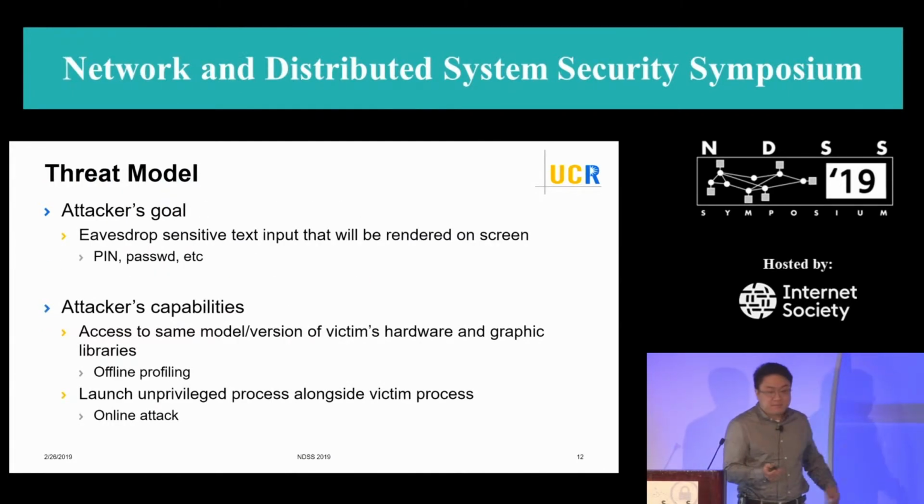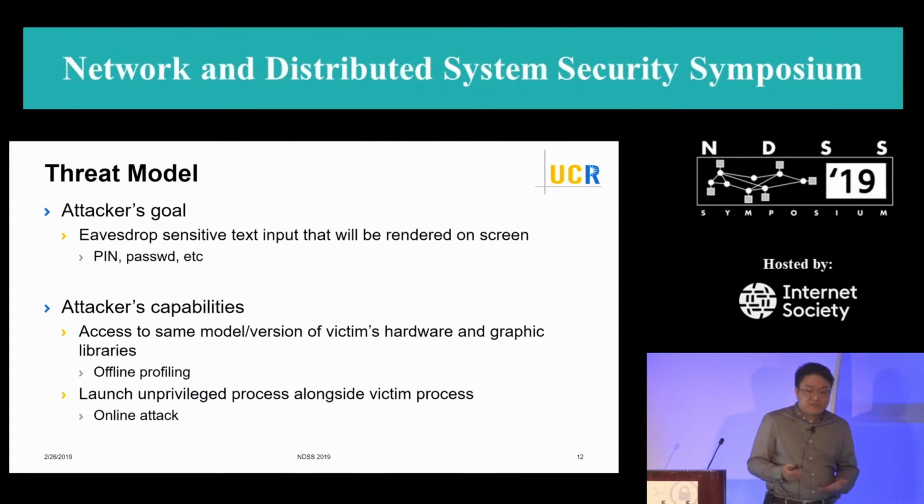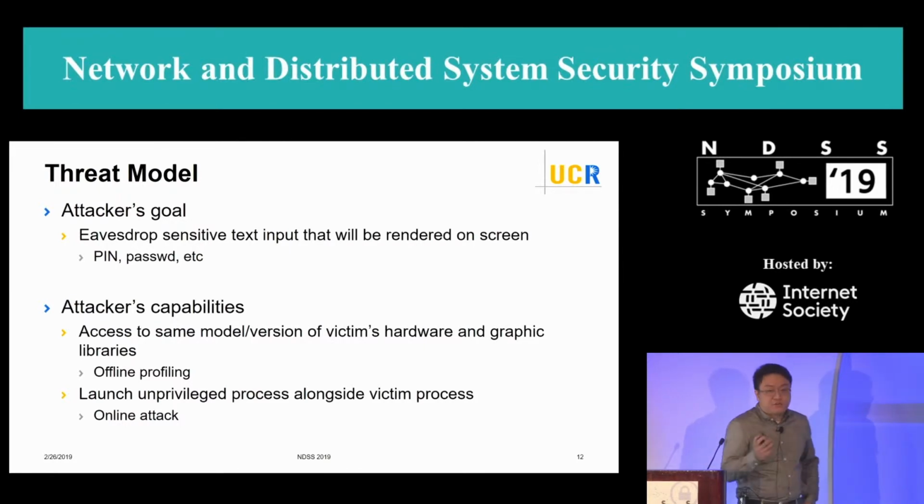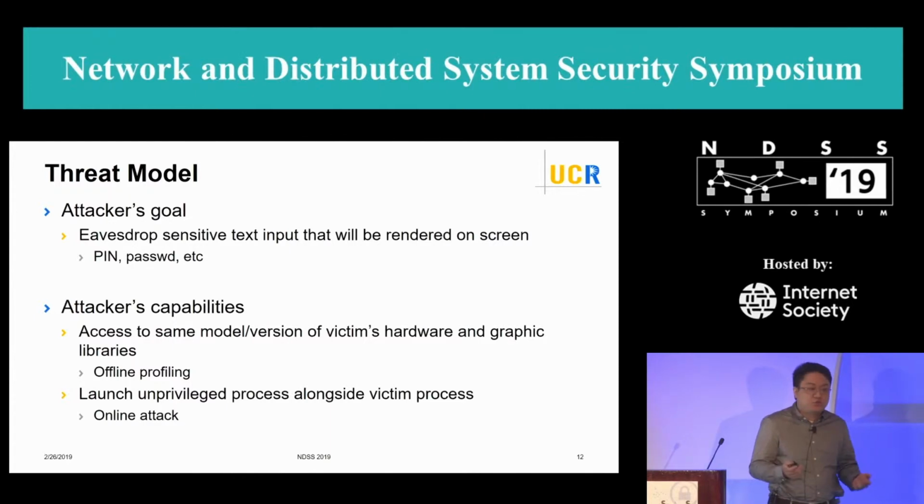Before I do that, let's make the threat model clear, okay? The attacker's goal is to eavesdrop on sensitive text input that will be rendered on screen. That could be a PIN, a password, or a username. As for the attacker's capabilities, we make two assumptions. The first is that the attacker has the same model and version of the hardware and graphic libraries.